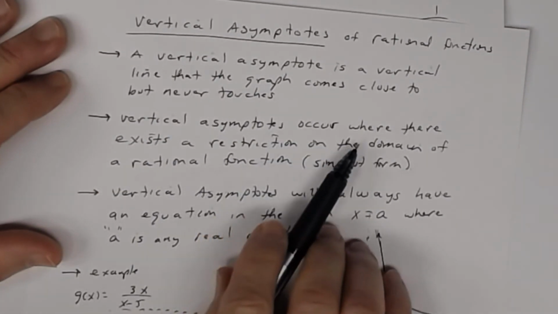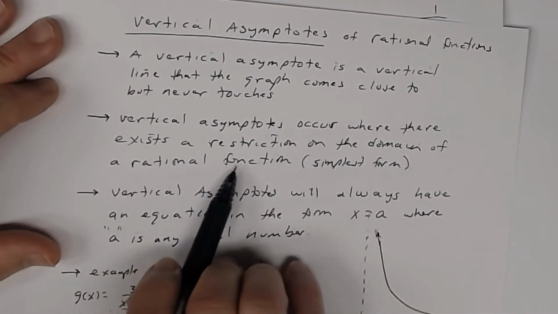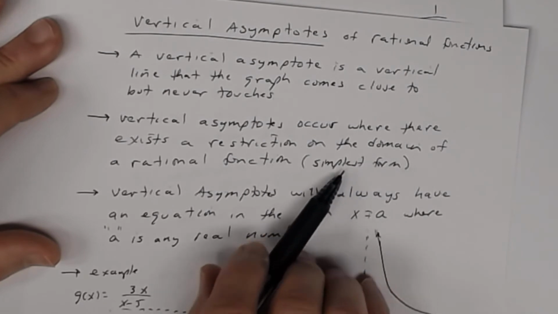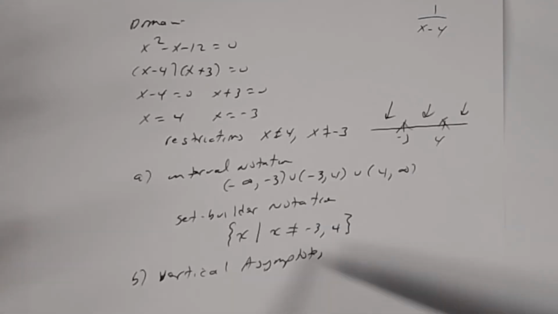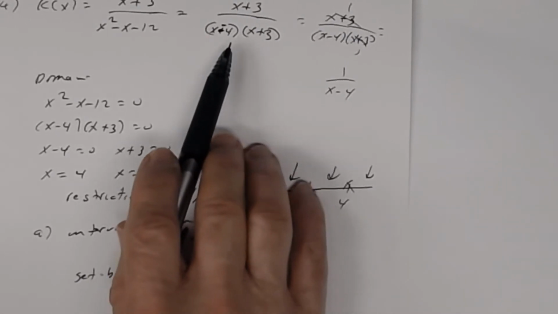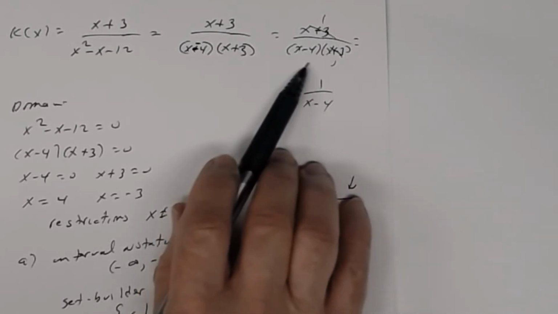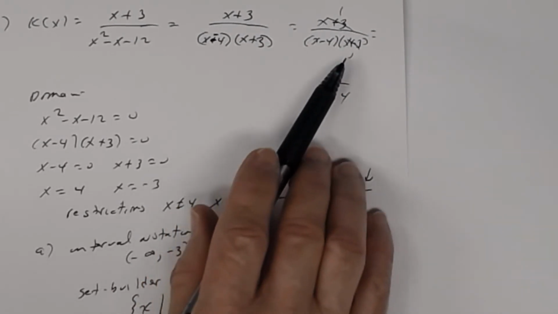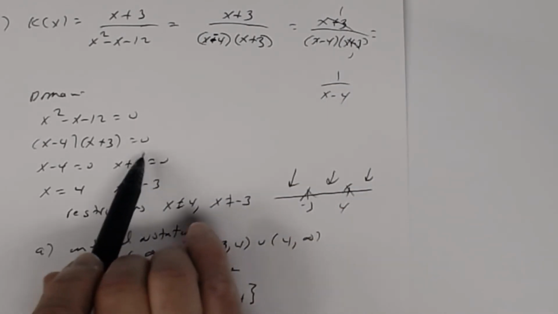Vertical asymptotes occur where there exists a restriction on the domain of the rational function in simplest form, okay? So here's what I mean by that, simplest form. Do you see that when I factor this, this could be reduced, and so this is in simplest form. Notice though, what was reduced? The x plus 3's, right? So this was my reduced.